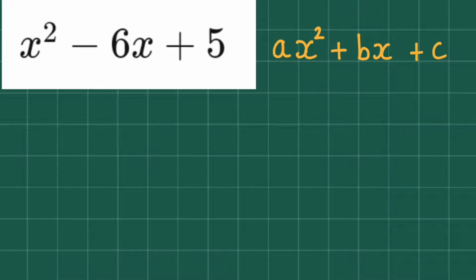So being aware of what each of these could be helps you to define what to do. So the a in this case is equal to 1. There's only one x squared. This is a very special case of the quadratic, and it's the most simple. This is the a equals 1 form.